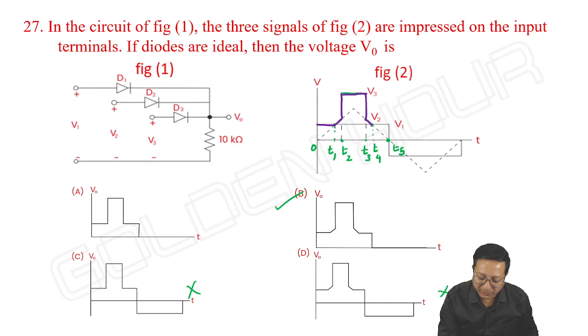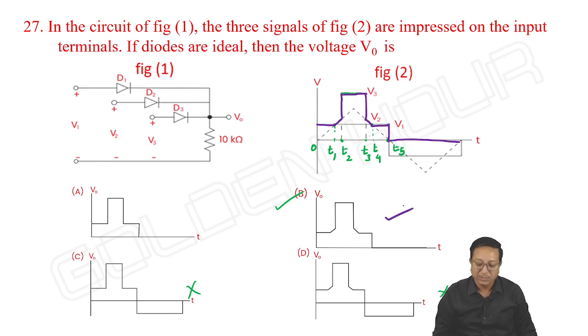From t4 to t5, the output is equal to V1. For t greater than t5, the output is simply 0. So which is matching? Option B. A very simple question it is. This is how we can do this problem.